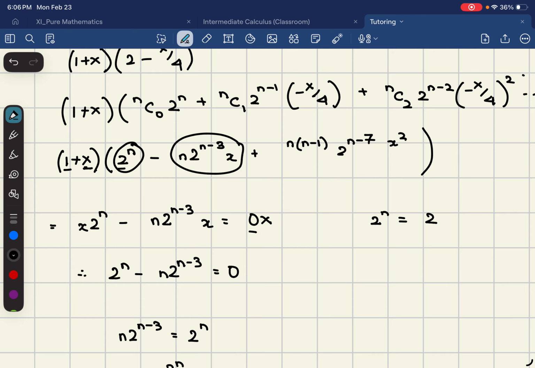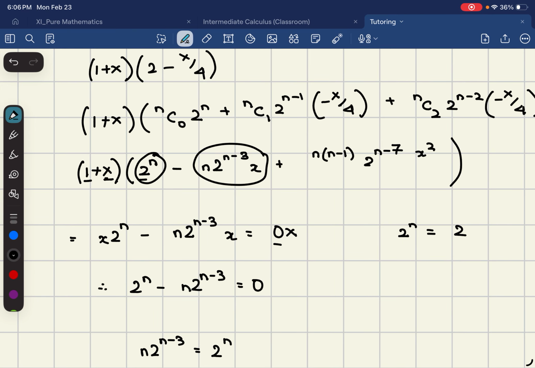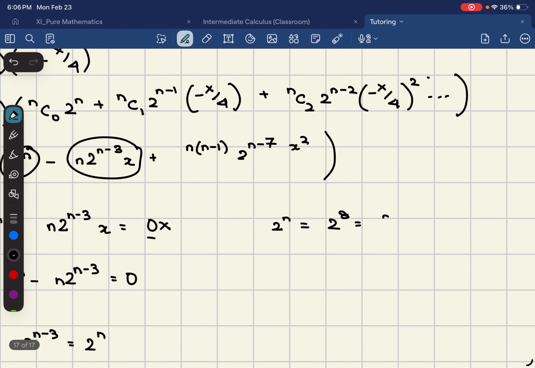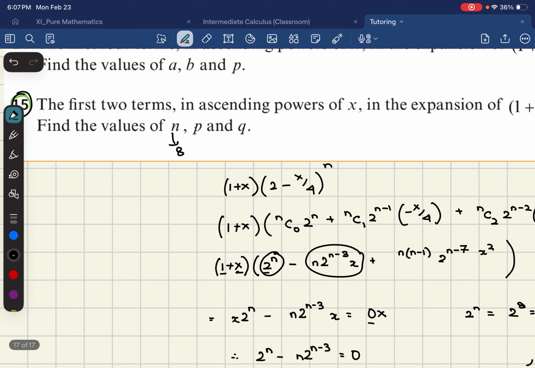So 2 to the power 8, I believe, is 256, if I'm not mistaken. So let me just check. 2 to the power 8 is 256, yes. So p is 256.